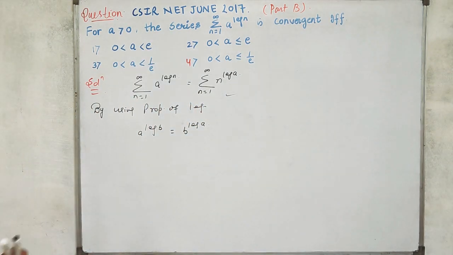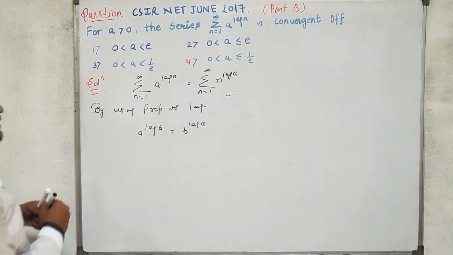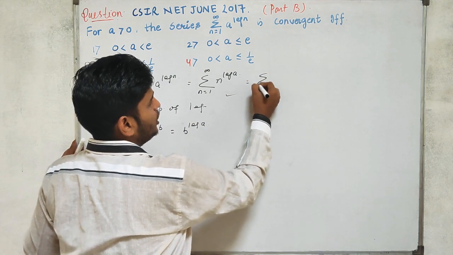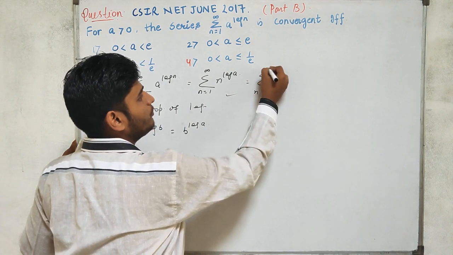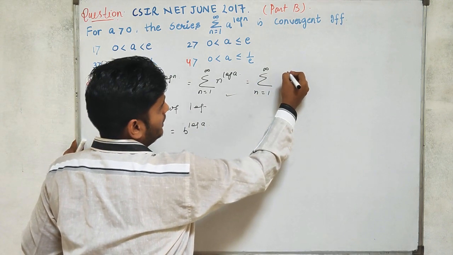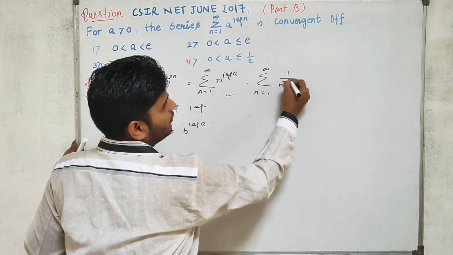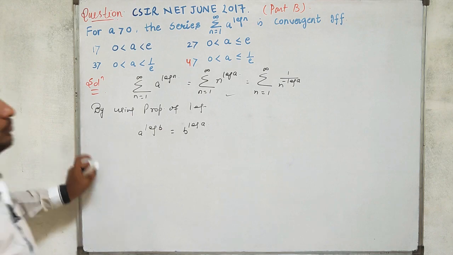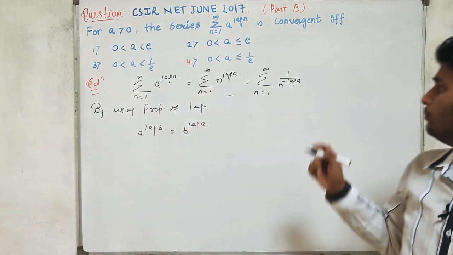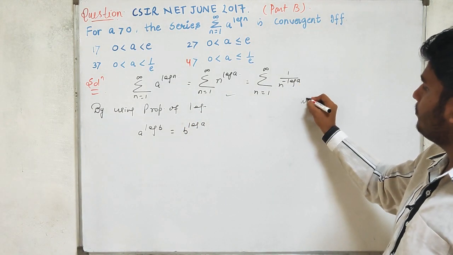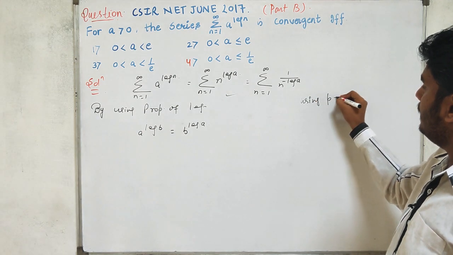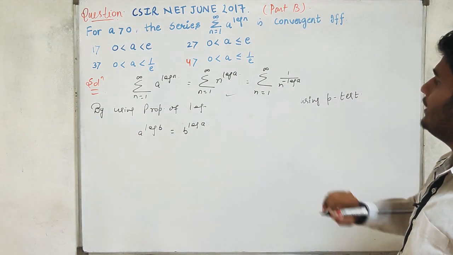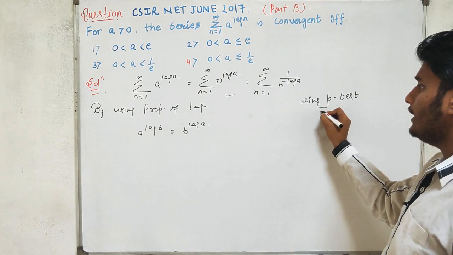Now this series can be written as summation n going from 1 to infinity of 1 upon n raised to power minus log of a. Okay, now using the p test here, what is the p test?